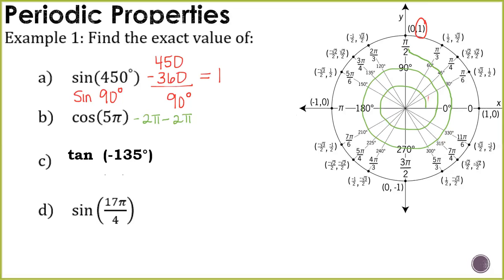So 5 pi minus 2 pi minus 2 pi is simply pi. So I'm really finding the cosine of pi. And the cosine of pi is 0. So that would be your answer.